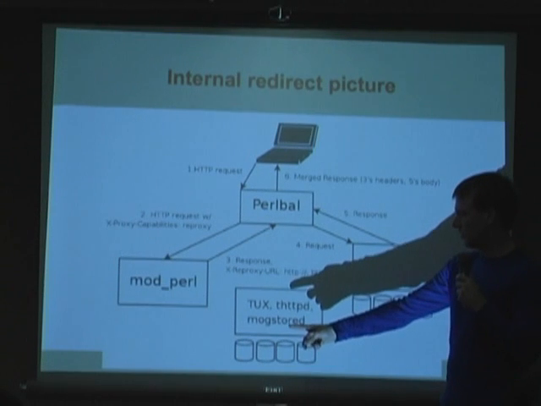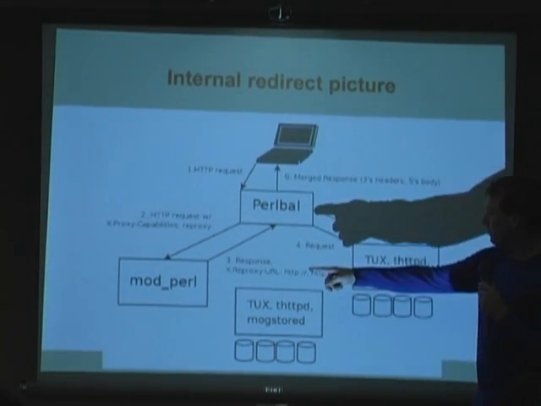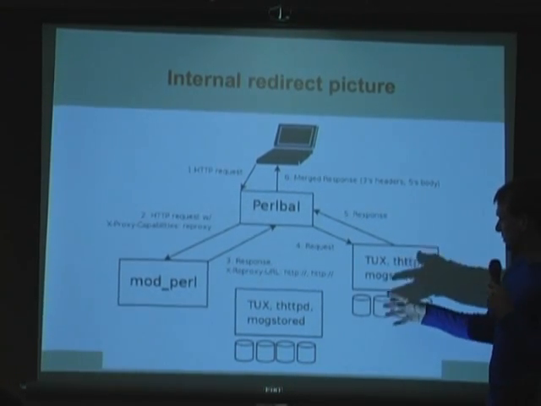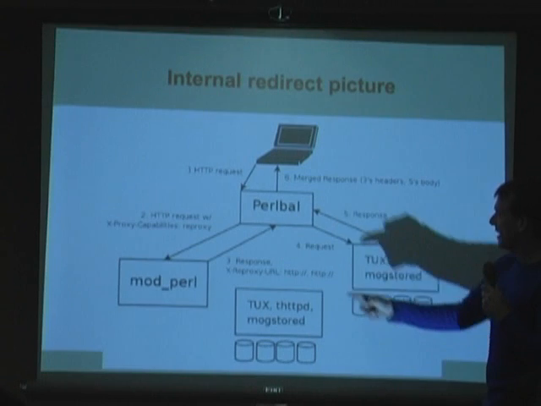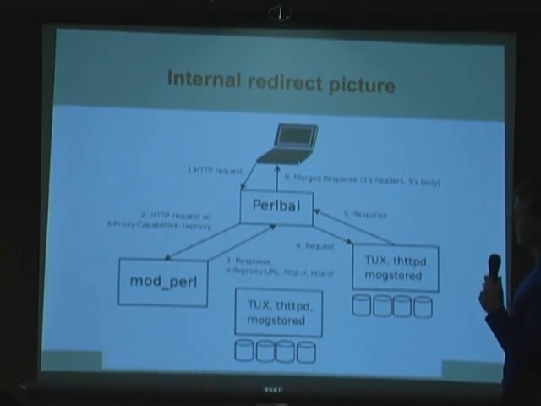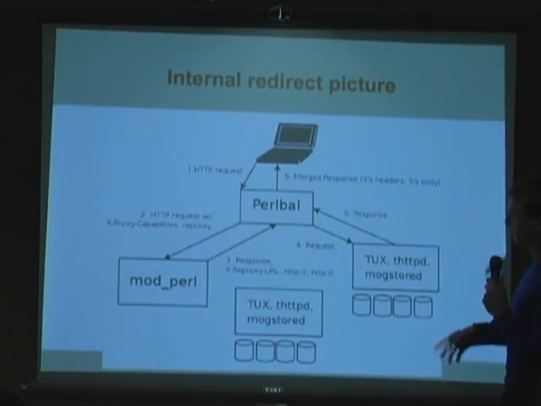If this one fails or times out, you can try this one. And so then Perlbal transparently goes and gets one of the URLs from wherever you told it. Maybe if this machine was down, it'll fall back to that one, and sends it to the user. So the user sees kind of a mix of the headers. They see some of the headers from this guy and some of the HTTP headers from this guy. And as far as the user saw, it was one HTTP request.